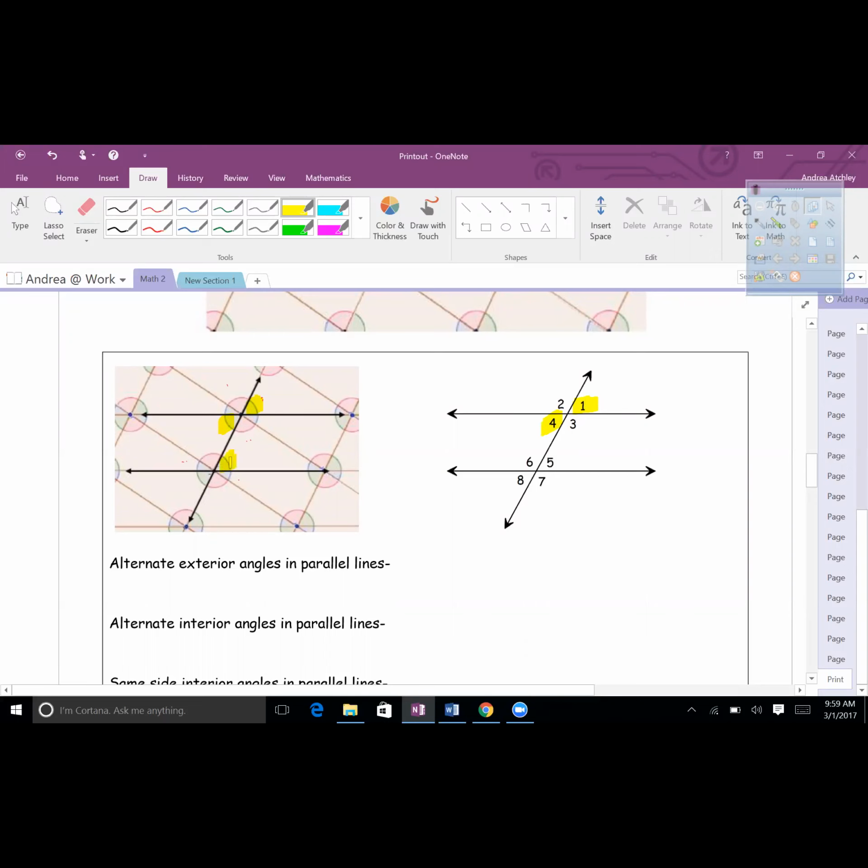Number 5, this is green and this is green, so we're going to color all the green ones here and here. Is everyone with me on that? So angle 1 and angle 4, angle 5 and angle 8 are all congruent.